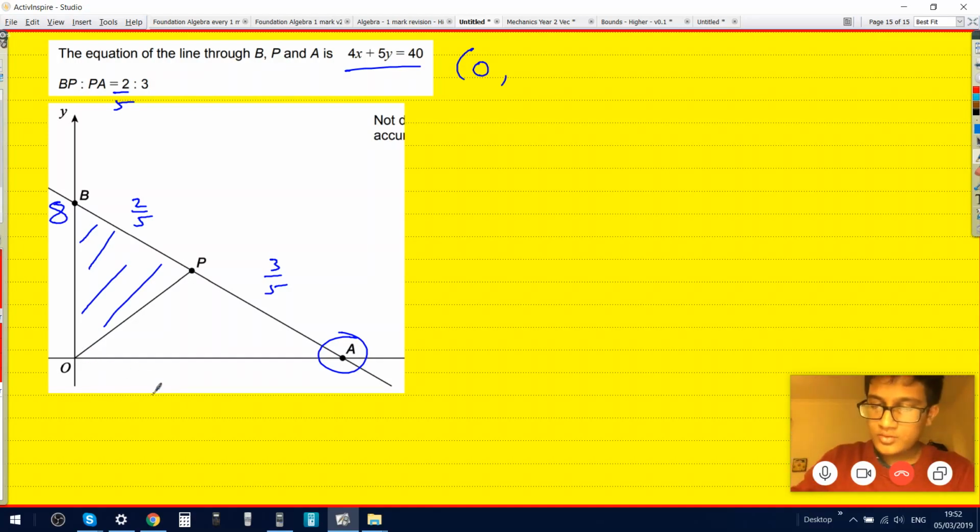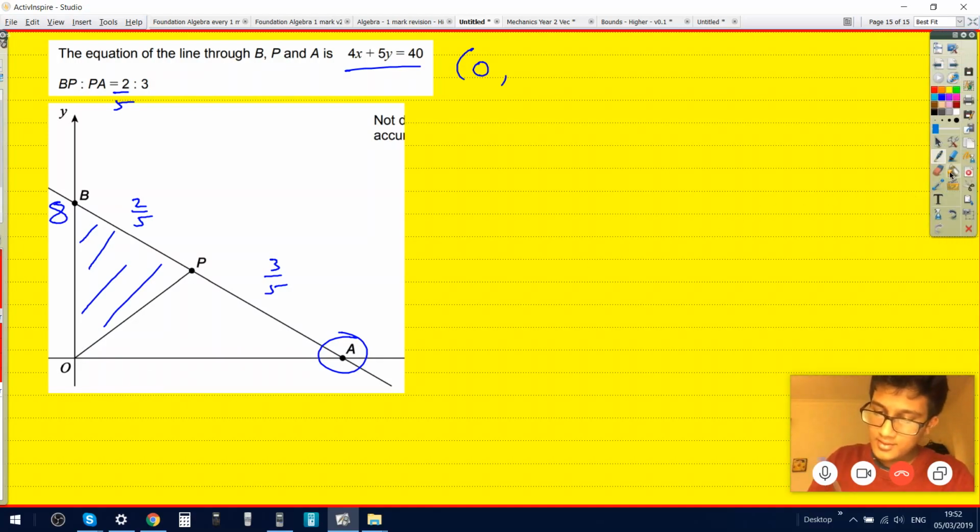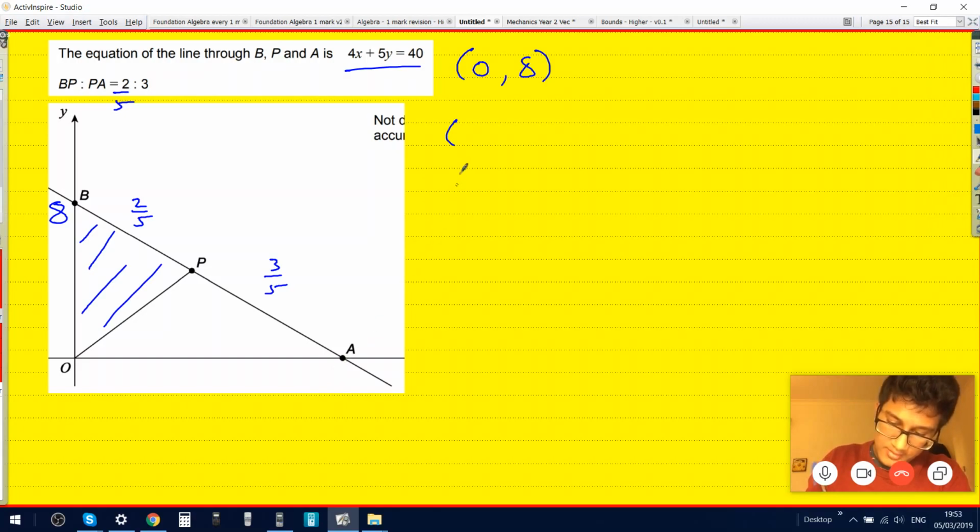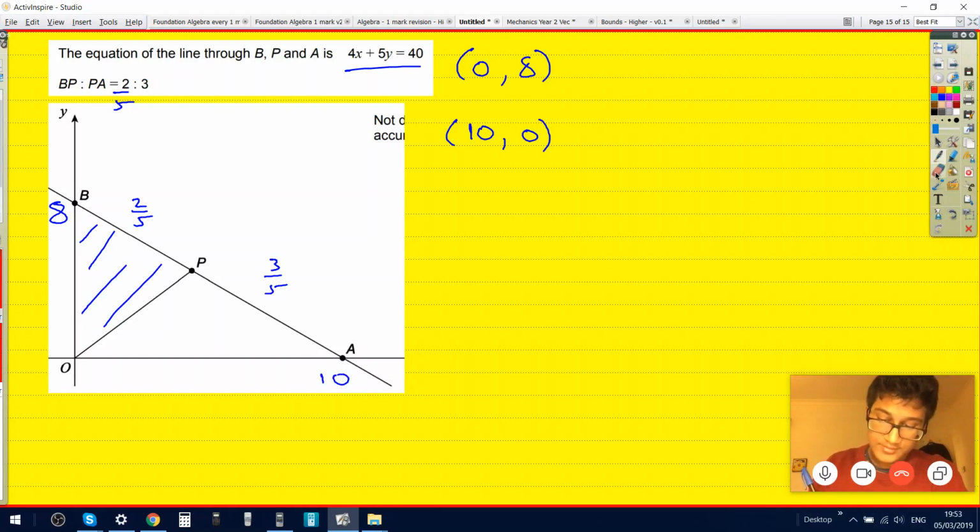And you can get the coordinate of A. You know that Y is 0 in this. Okay, so 0 is minus 4/5 x plus 8. Minus 4 over 5 x equals minus 8. 4/5 of x equals 8. Therefore, x equals 5 over 4 times 8, which is 40 over 4, which is 10.